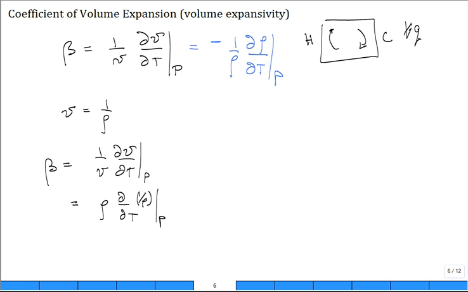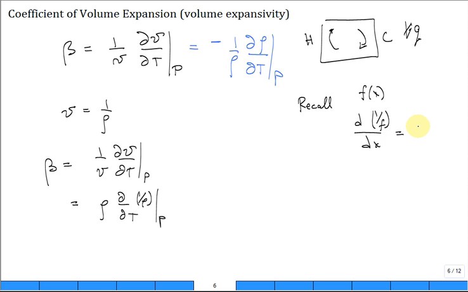So there's the rub. What is the derivative with respect to temperature of 1 over rho? This is one of those where you just have to remember. So you recall something from calculus. If I have f as a function of x, and I want to differentiate 1 over f with respect to x, how do I do that?